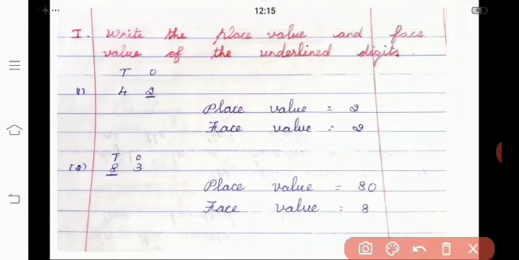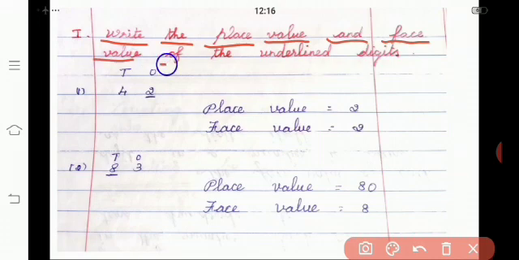See, write the place value and face value of the underlined digits.